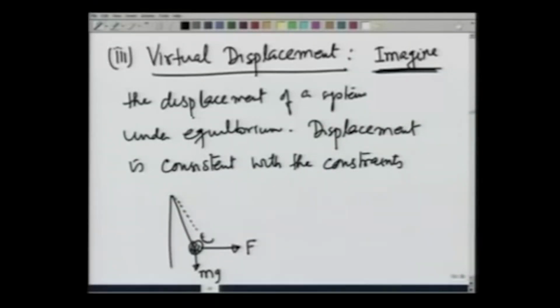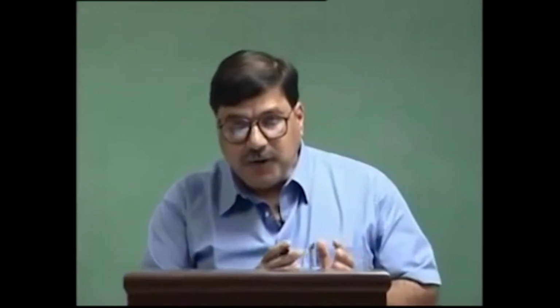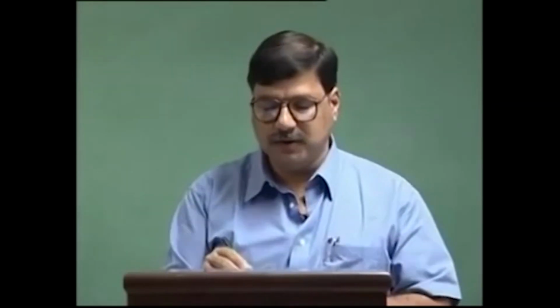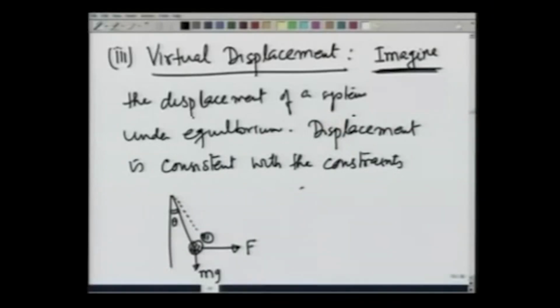This is the only way I can displace the pendulum. No other way, because this is the only degree of freedom allowed, that is, I can change only theta. So, this displacement is consistent with the constraint, but it is actually not moving. I am imagining as if it has moved, and this is known as virtual displacement. It is usually given by the symbol delta. So, delta theta, virtual movement or displacement.